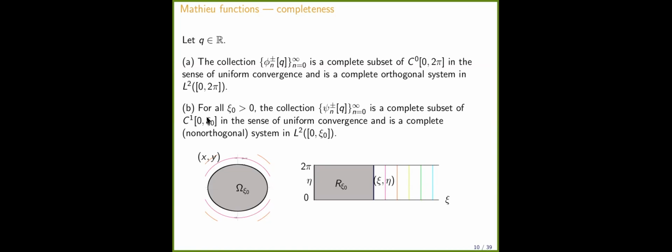And the hyperbolic, or the alternative, Mathieu functions form a complete subset in the L2 of a finite interval, and this can transform into complete subsets in the ellipse. So that ends the presentation on Mathieu functions, and now I want to talk about quaternionic analysis.